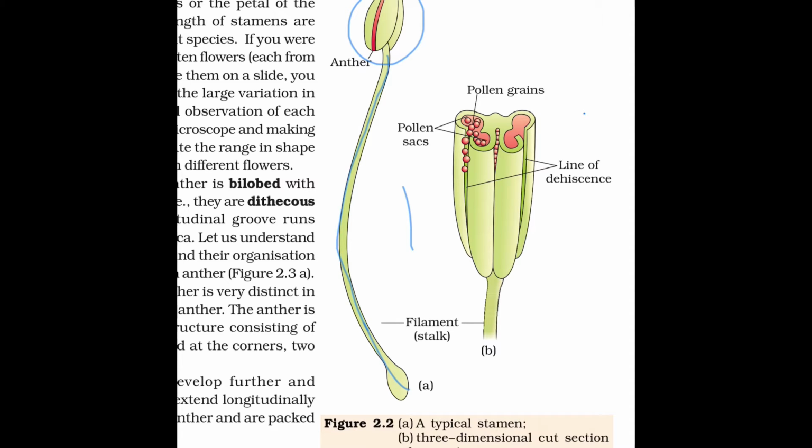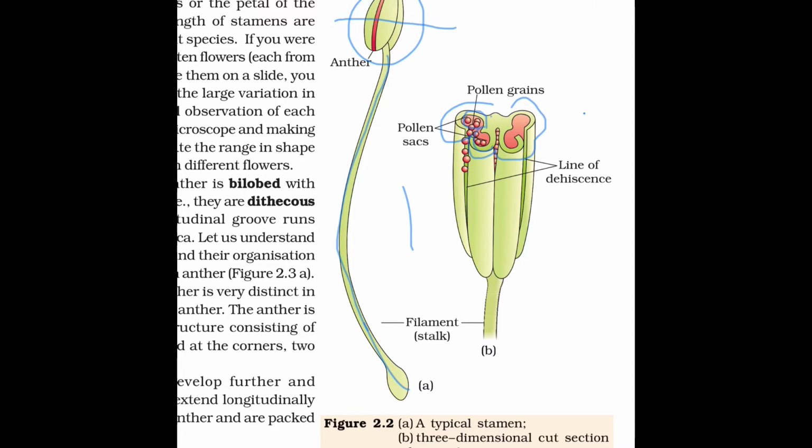When we see the internal structure of an anther, when we cut a transverse section of an anther, then we find the internal structure looks tetragonal. Inside this tetragonal structure there is a sac-like structure which is called theca.